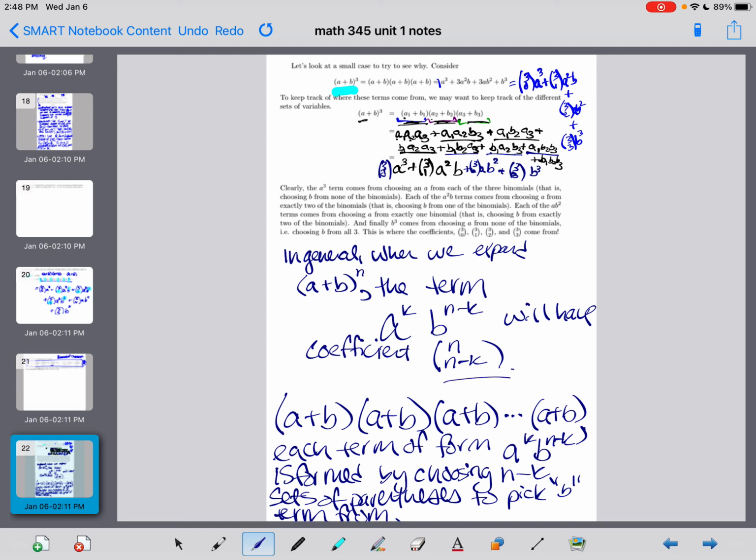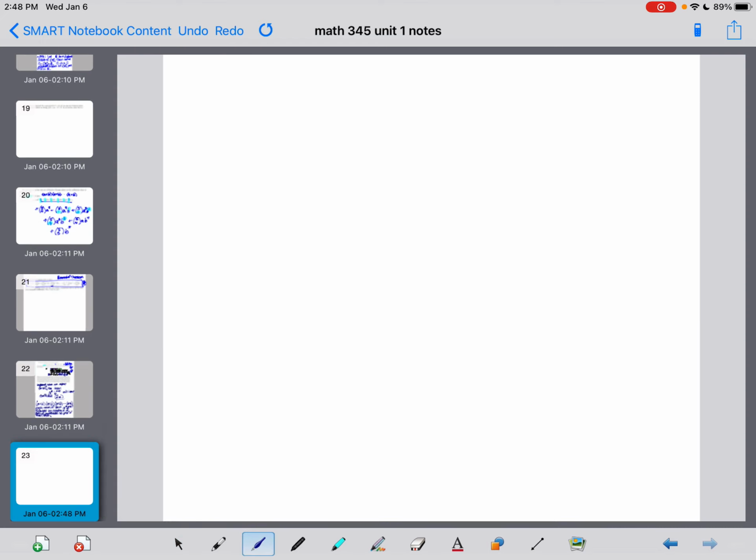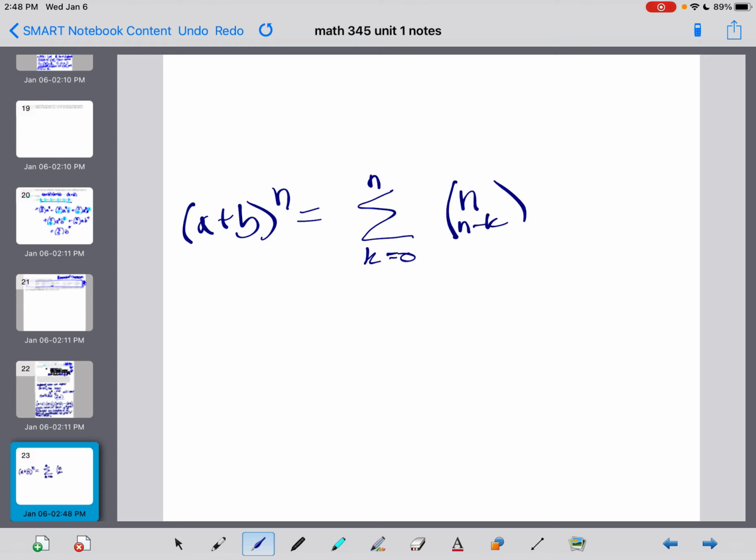All right, so this is a really important result. Sometimes it's also written as follows: a plus b to the n is equal to the sum where k goes from 0 to n of n choose n minus k, a to the k, b to the n minus k.